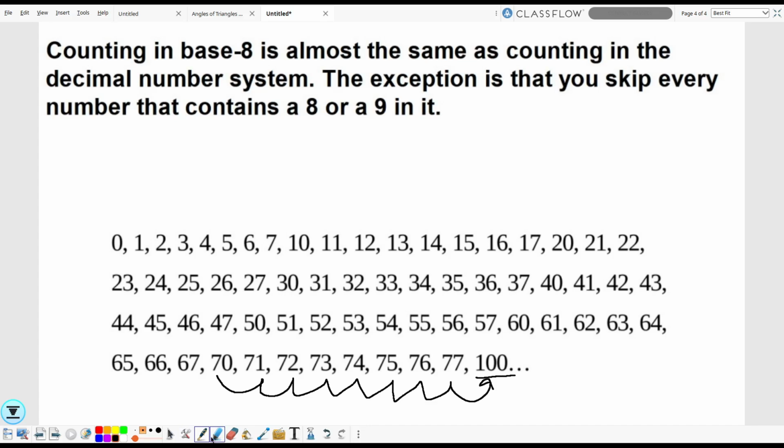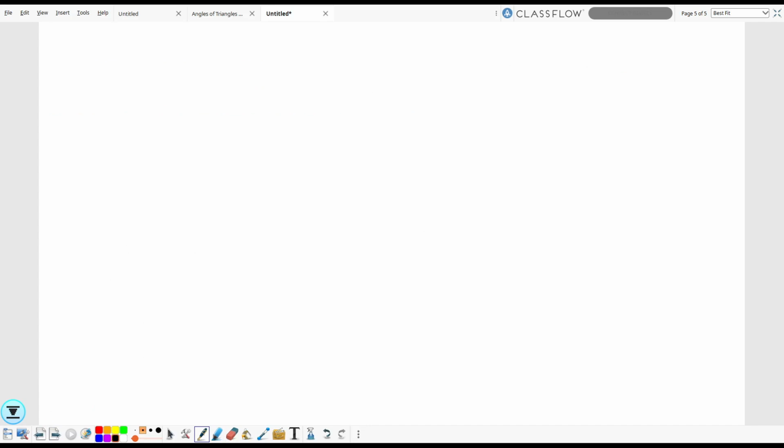So let's move on to a different example. Just like how in our number system things are based on powers of 10, in the octal number system it's based on powers of 8. So let's take a number like 3,725 in base 8.